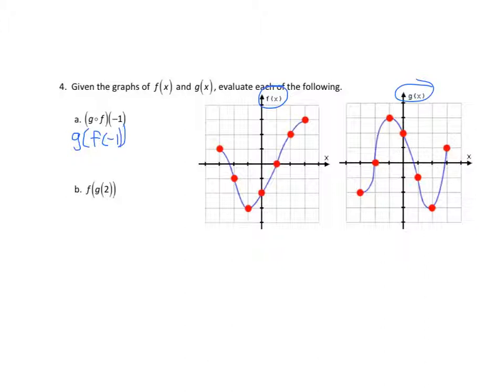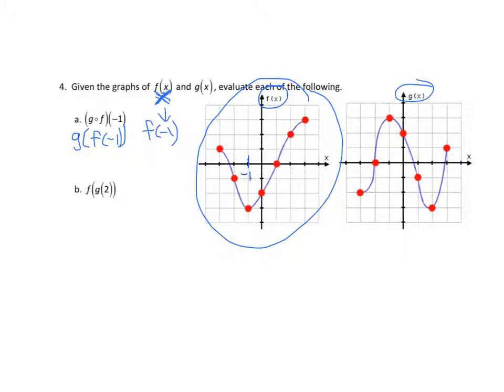So the first thing I'm going to find is f of negative 1. And remember that the inside number is your x. That's your x value. So if we have an x of negative 1, I go to my f of x graph, and I go on the x-axis to negative 1, which would be about right here.